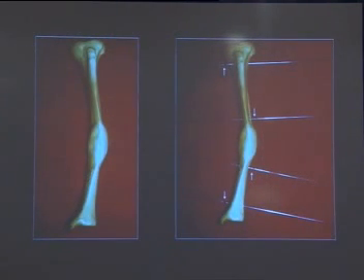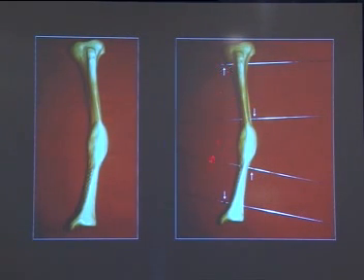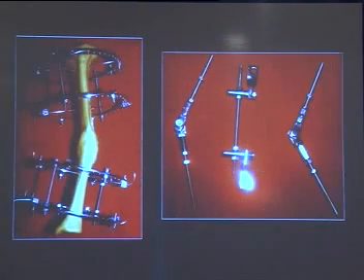So for example, here, olive is put here, olive is put here, olive is put here, olive is on the convex side, and olive is on the concave side of the bone, along with the other more wires to stabilize the bone. So these are the 2 hinges and 1 distraction rod to be used.